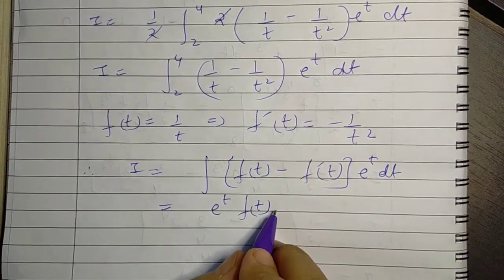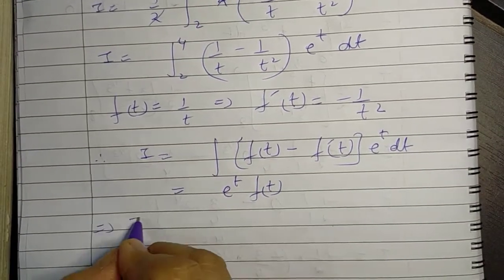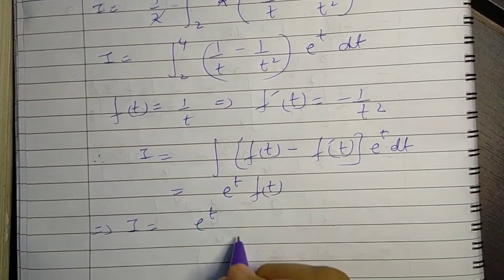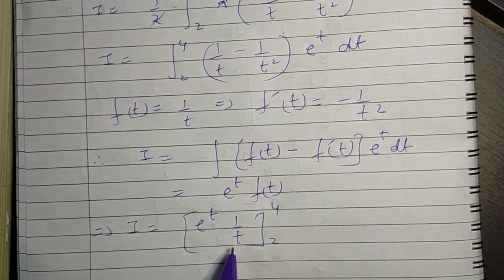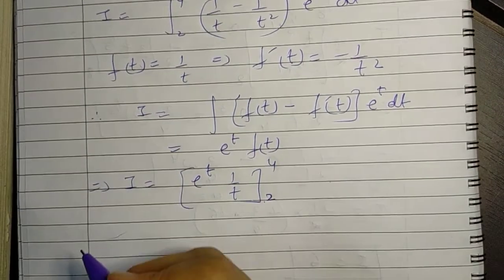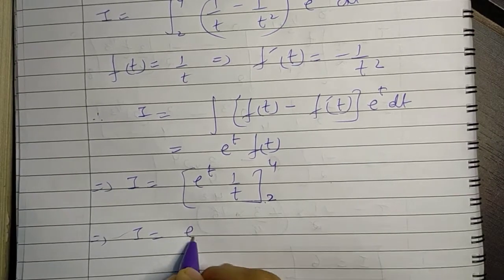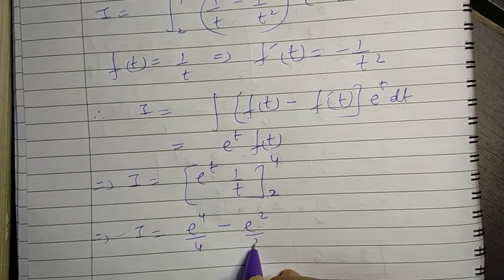We don't write plus a constant because it's a case of definite integral, and therefore we get I is equal to e raised to the power of t into 1 upon t, with limits from 2 to 4, and clearly these limits are for t, so directly we get the answer I is equal to e raised to the power 4 upon 4 minus e raised to the power 2 over 2.